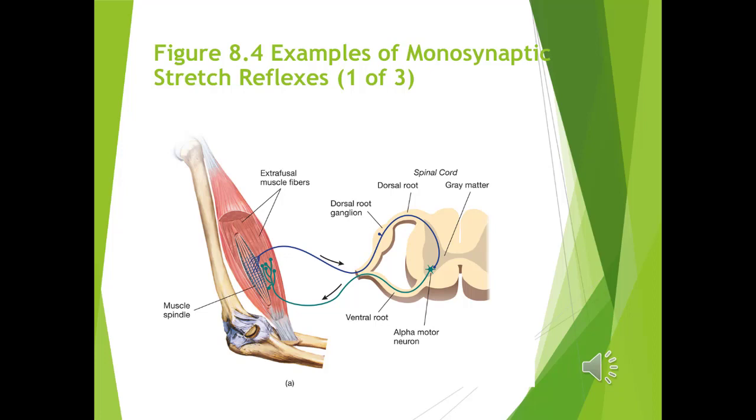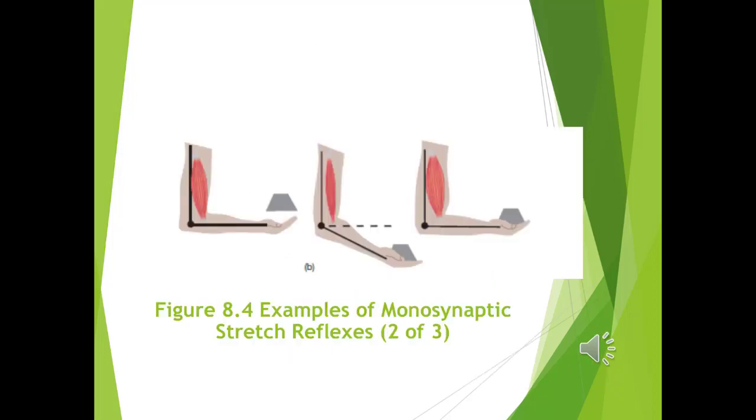These terminal buttons synapse on an alpha motor neuron that then innervates the extrafusal muscle fibers of the same muscle after passing through the ventral root. So the entire arc is handled at the level of the spinal cord.